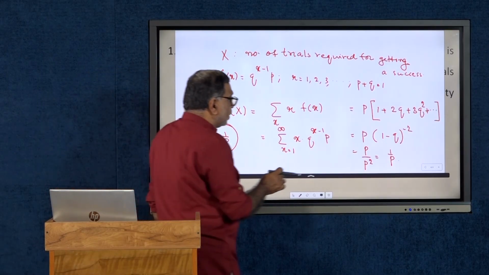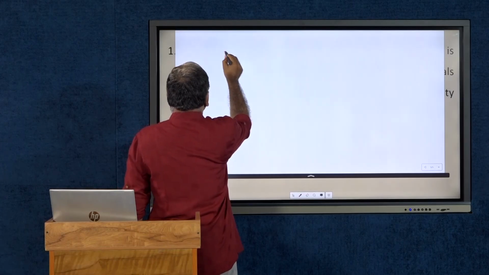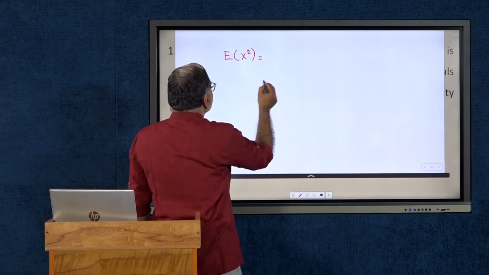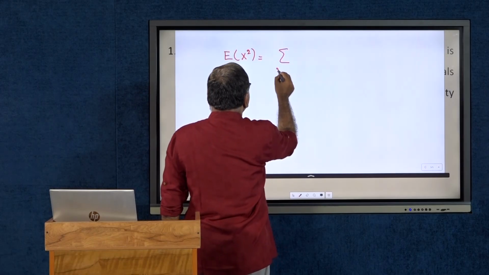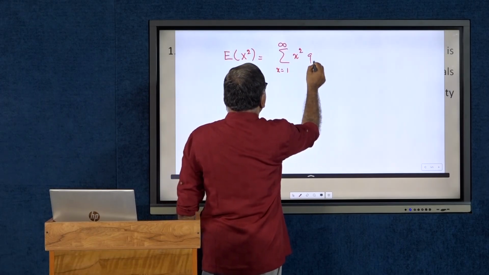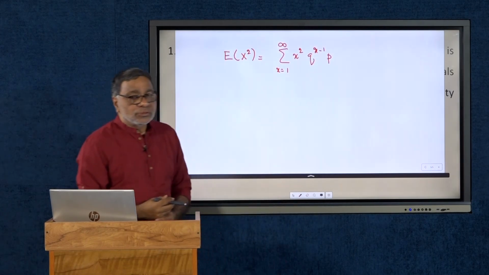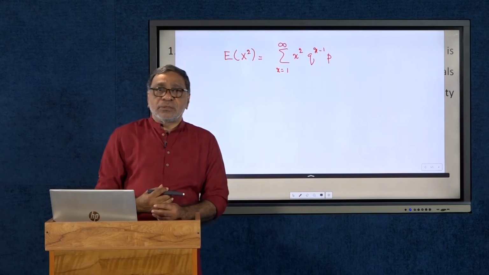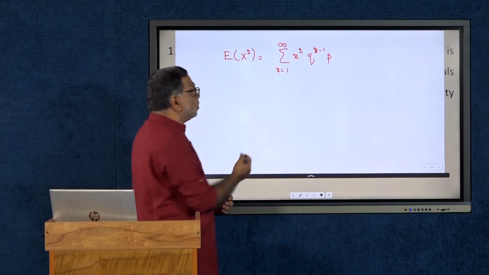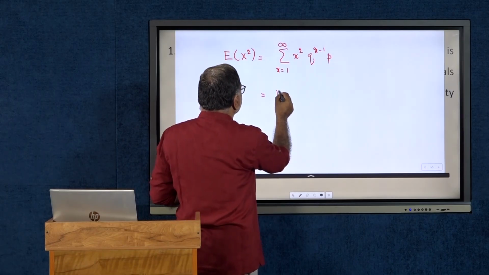To find the variance, we have to find the expectation of x square. Here also we substitute x equal to 1 to infinity x square into q power x minus 1 into p. So that is our expectation of x square. It can be easily obtained by expanding the series.